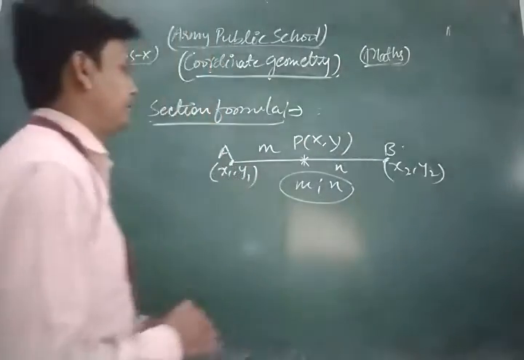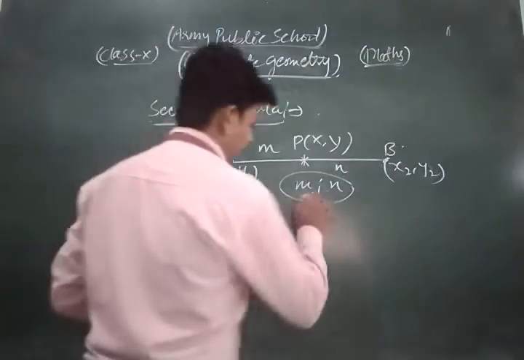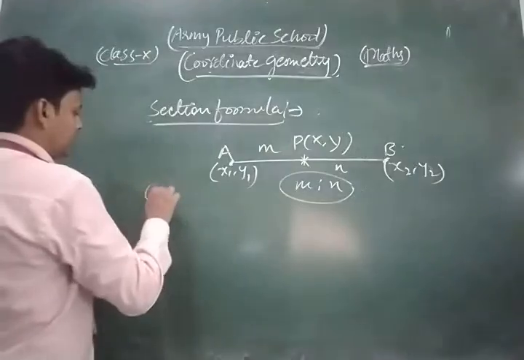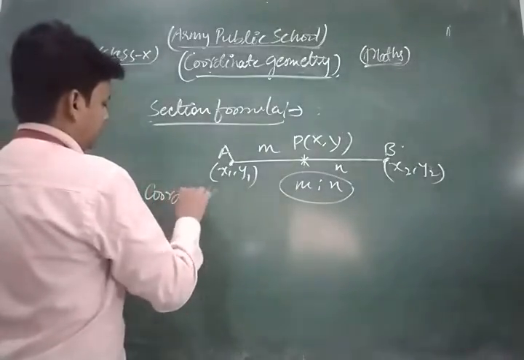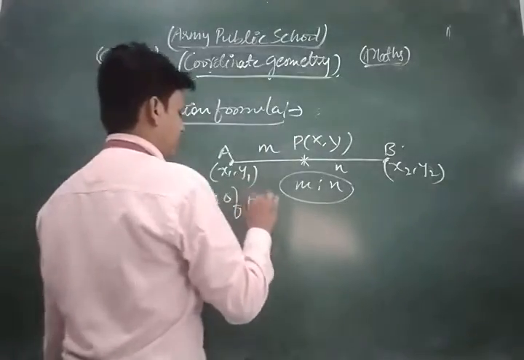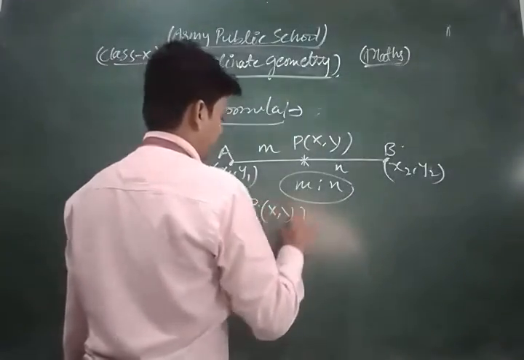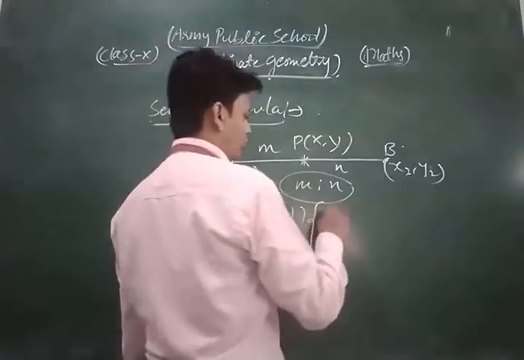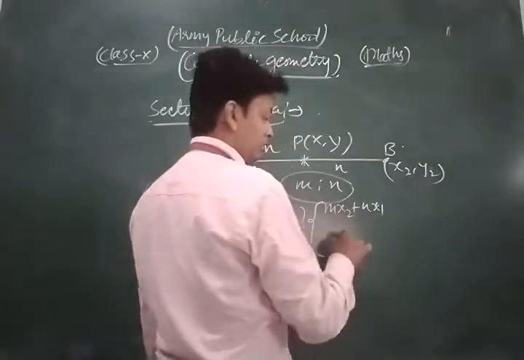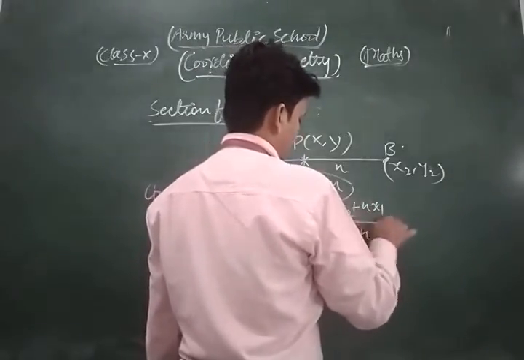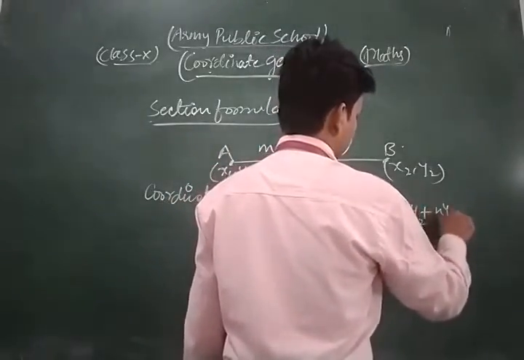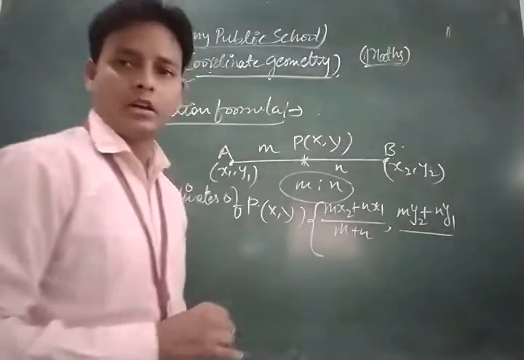Then, dear friends, in the ratio m:n, the coordinate of P, that is x, y, is given by the formula: (m x2 plus n x1) upon (m plus n), and second one (m y2 plus n y1) upon (m plus n).